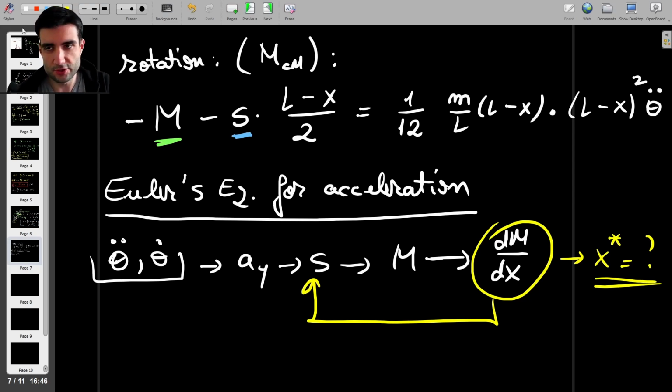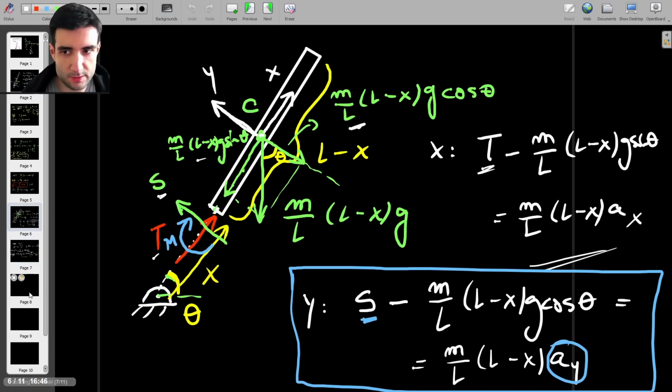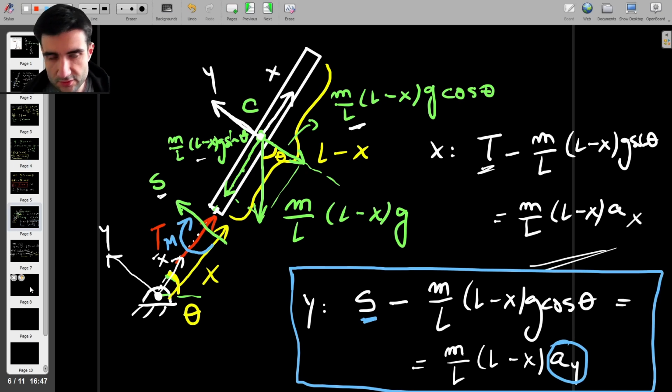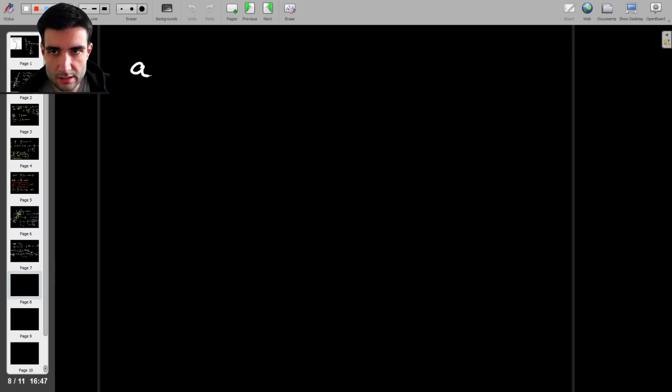Okay. So let's get to work. We have those, so that's fine. Now, in terms of a_y, we have to apply Euler's equation. So basically, we're trying to find the acceleration of point C with respect to the origin and with respect to this tilted coordinate system. If you imagine that I place this coordinate system of x and y at the origin, just to make things easier, this is what I'll have.